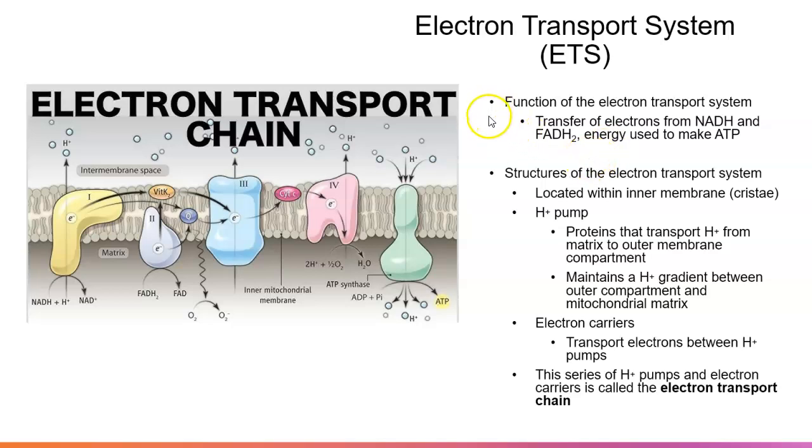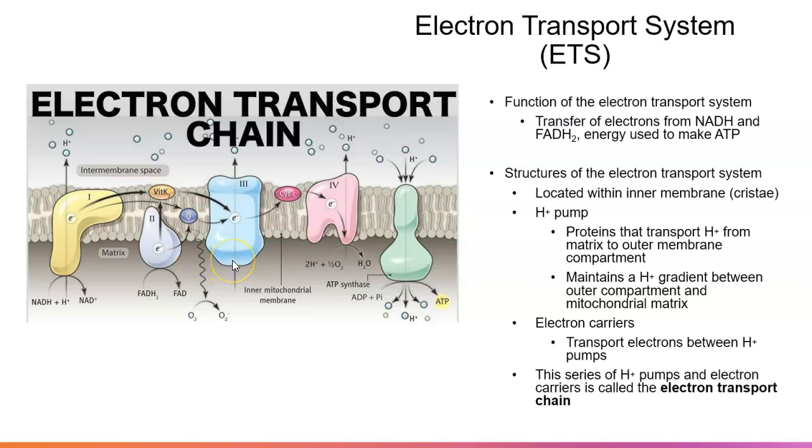So the electron transport system is a series of proteins embedded in the inner membrane, the cristae of the mitochondria. They work as proton pumps. So you can see here our NADH plus the hydrogen ion. We take that hydrogen ion and we pump it out, and that leaves us with the NAD plus. We do the same thing with FAD. We unpack everything, pump the electrons out, and we're left with FAD.